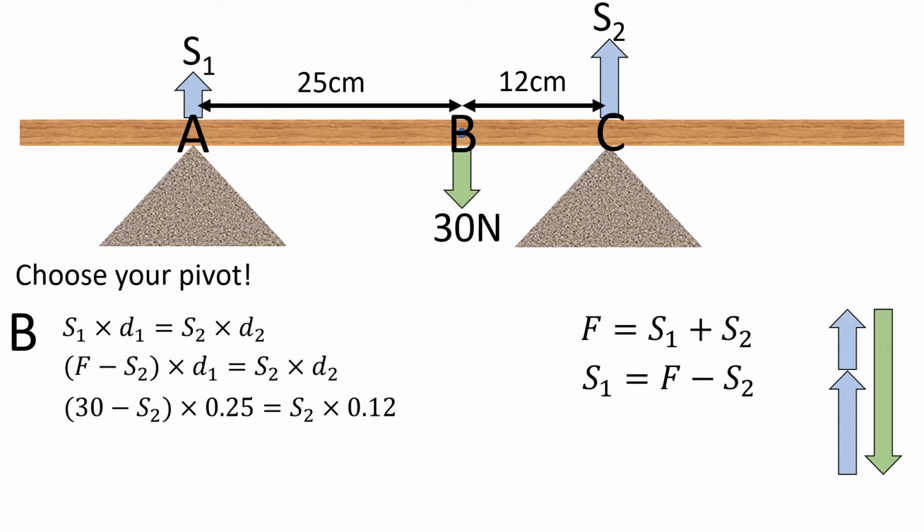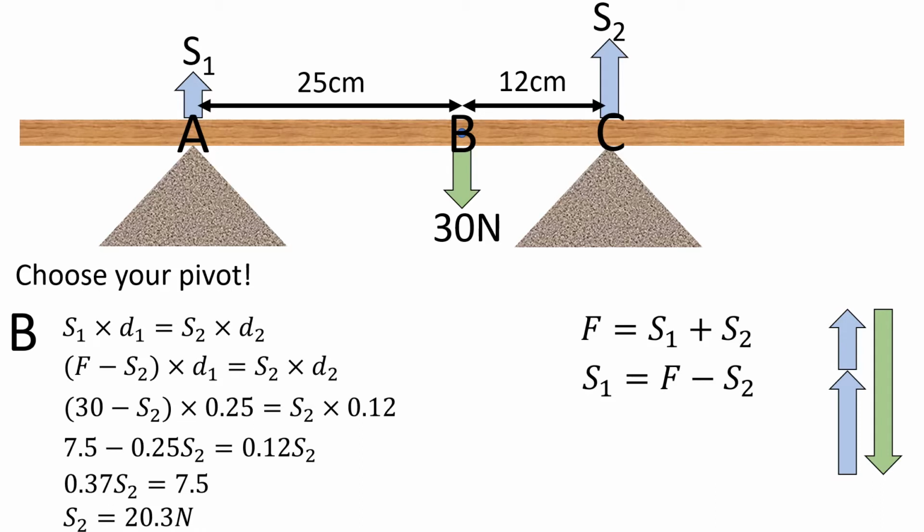Then we have S2 multiplied by 0.12. Now here we have to open those brackets up, so we have 7.5 minus 0.25 S2 equals 0.12 S2. Collect the S terms together, and we end up with 0.37 S2 equals 7.5, and therefore S2 is 20.3 newtons.